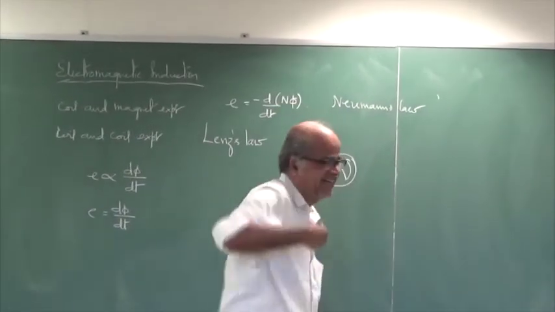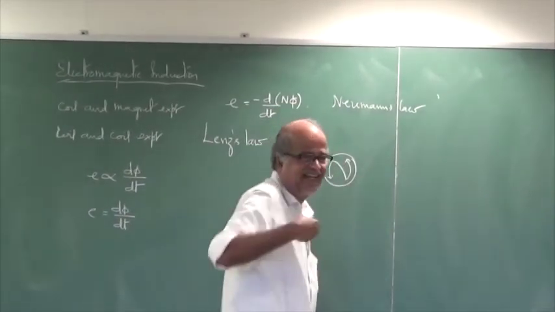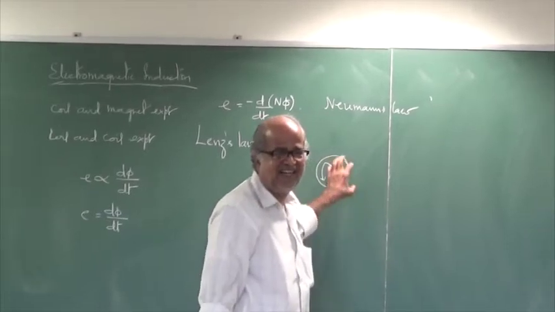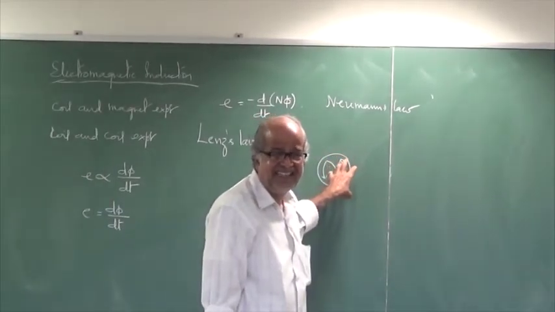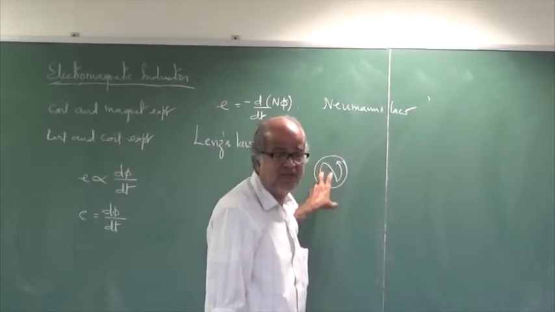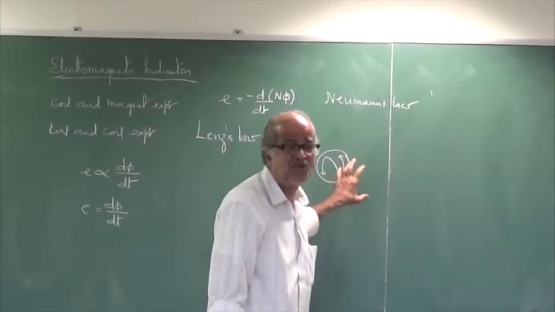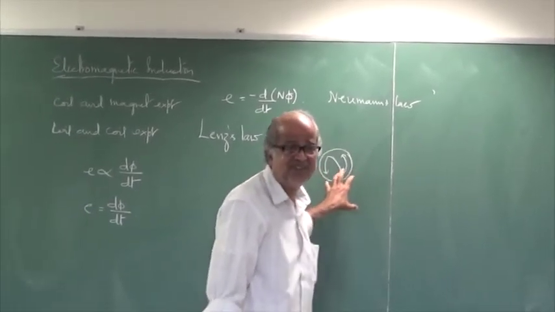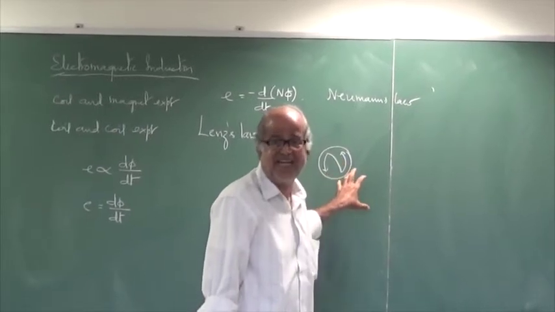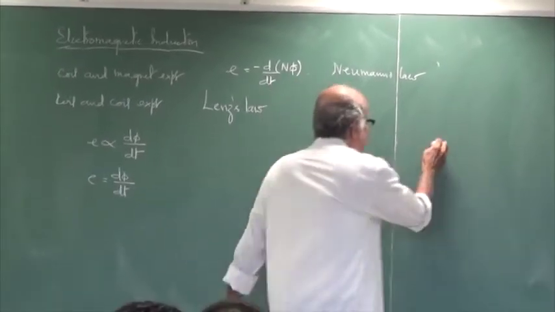Suppose you pull the magnet. When you pull the magnet out, what will happen? The flux linked with this will change. The current should be in such a direction so as to oppose that change. That means the decrease must be arrested, no? So what do you expect then?